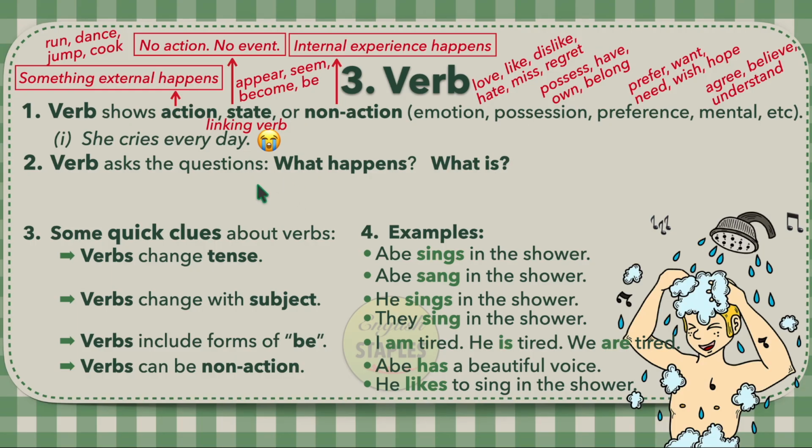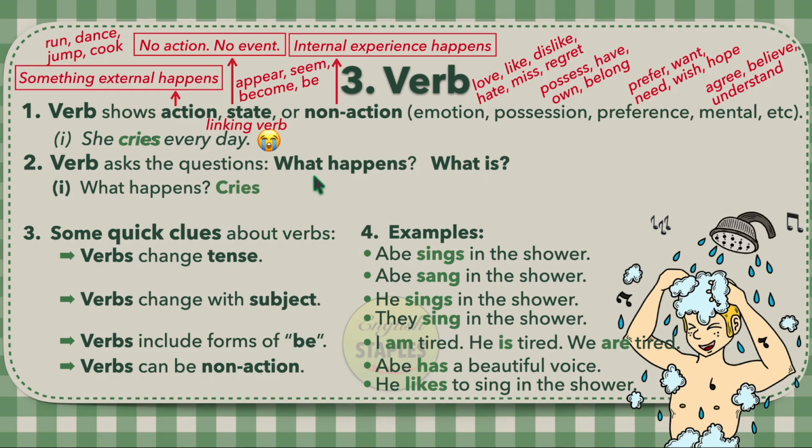So looking at this, we're going to ask the question, what happens? Is there an action? Yes, there is an action. And the action here is cries. She cries every day. So here would have the word cries.